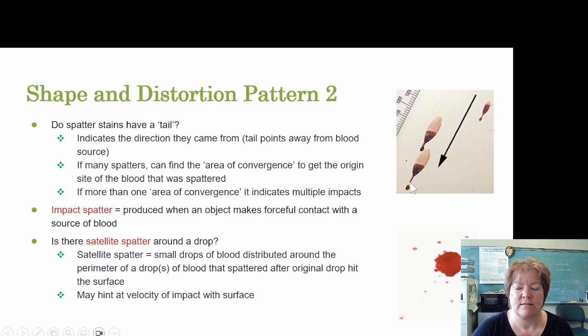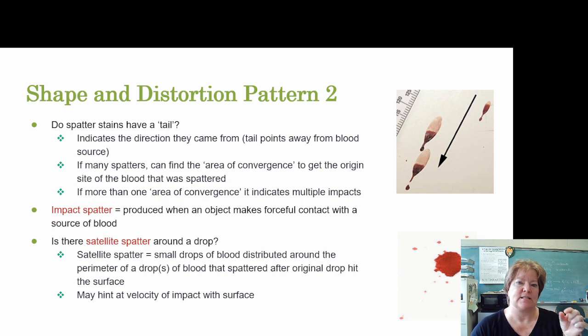It's kind of like a little extra part to it. That happens when the bloodstain is hitting the surface at an angle and it keeps going. The tail is the little bit that went the farthest. So the tail is telling me which direction it was coming from. So you want to point to the tail, and that's the direction the blood was traveling.